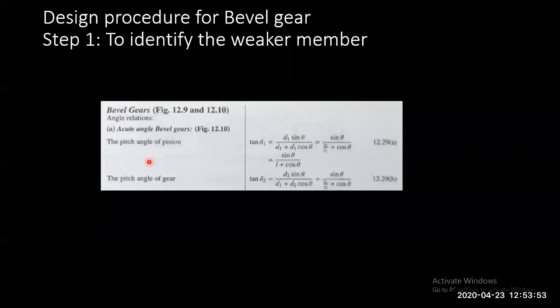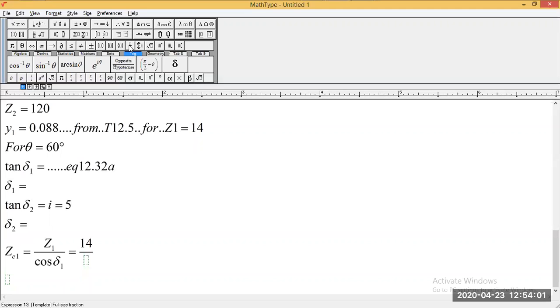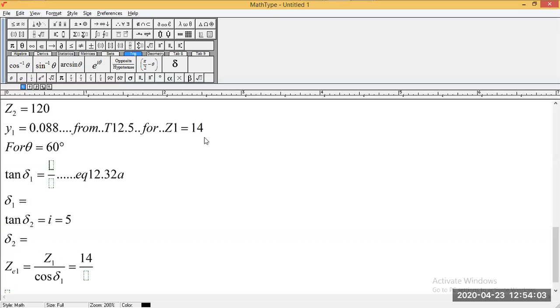So tan delta 1 is sine theta by I plus cos theta, where I is Z2 by Z1.